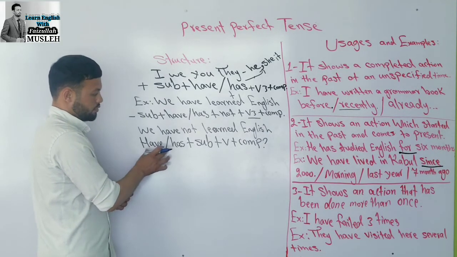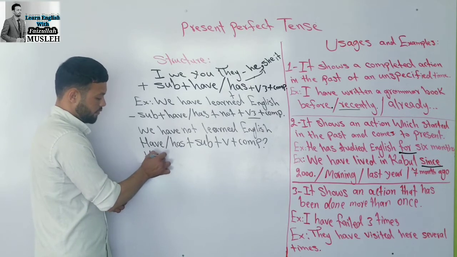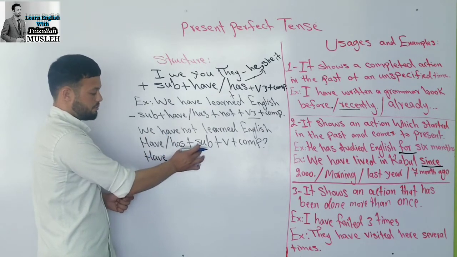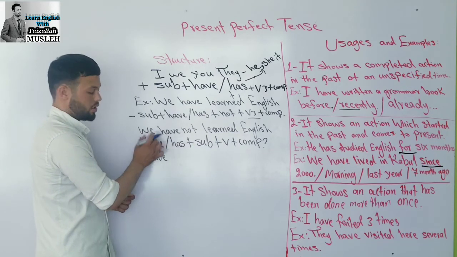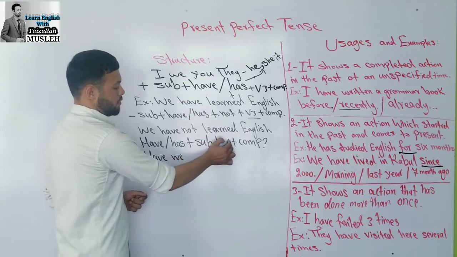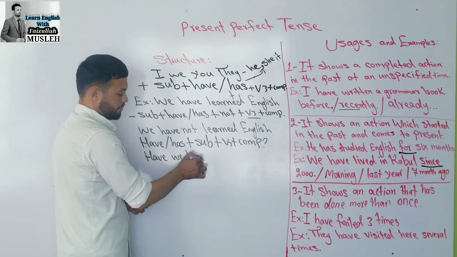Now, how do we change this? We bring have at the beginning. Have. After have, what do we use? We use subject. What is our subject? We. Have we, then verb 3, sorry. Have we learned?